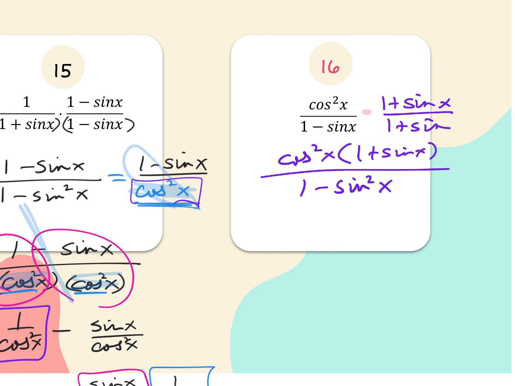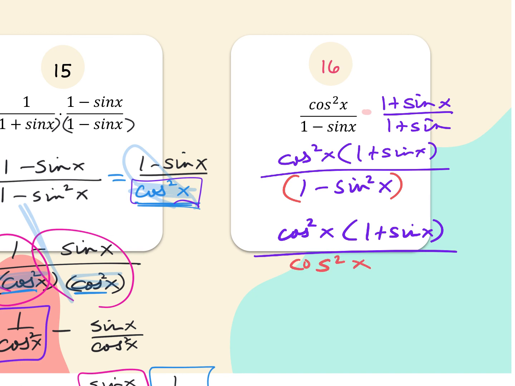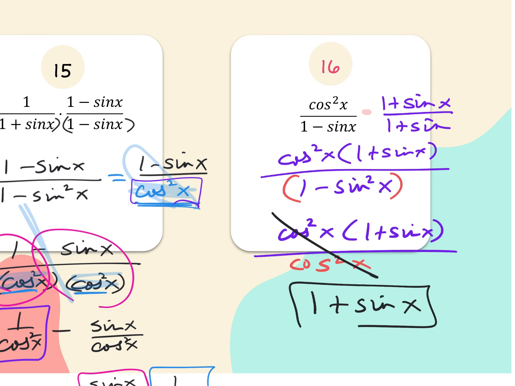And then what I can do again is replace this with its Pythagorean identity. So then I get cosine squared x times 1 plus sine x over, replace it with its identity, which is cosine squared x. This cancels, and then I'm just left with 1 plus sine x as the simplified answer.